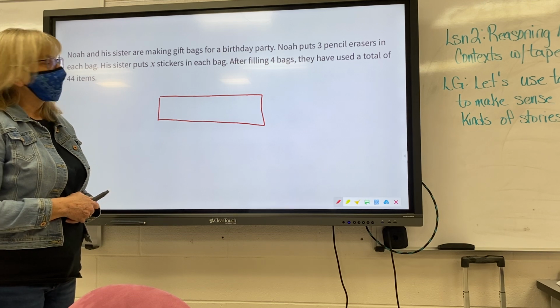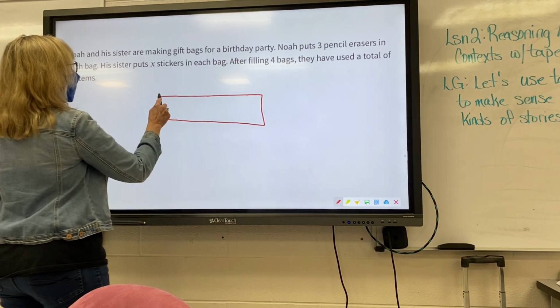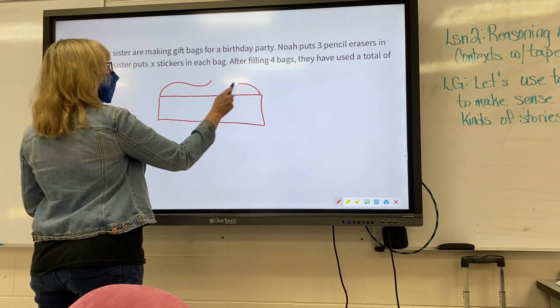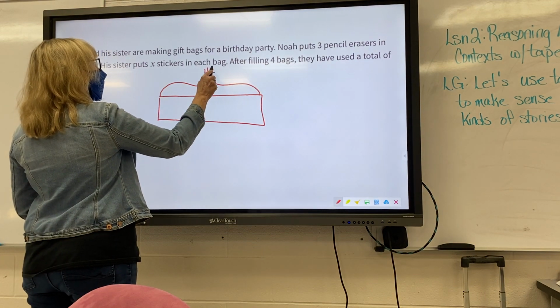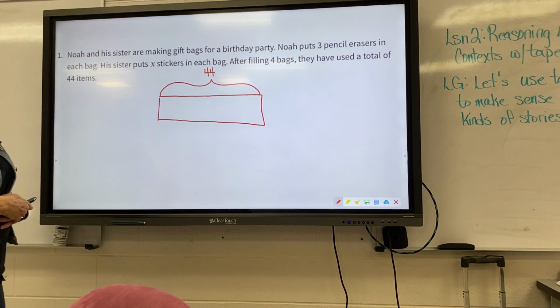Put 44 above that. Okay, so this whole thing is gonna equal 44. And then put 3 squares or 3 spots of that rectangle. Why did you put 3? Because it's 3 pencil erasers in each bag.